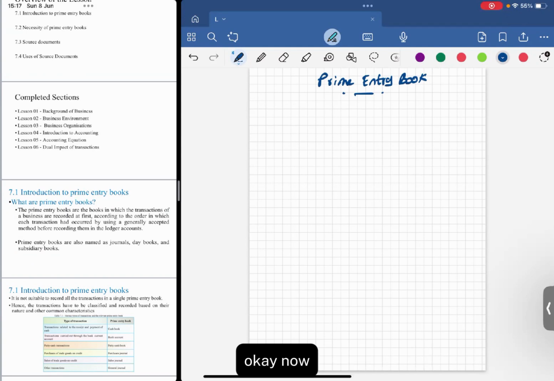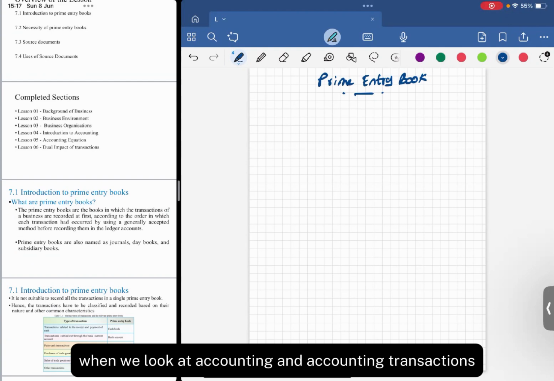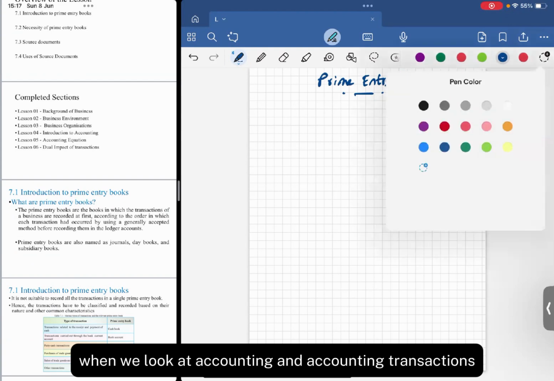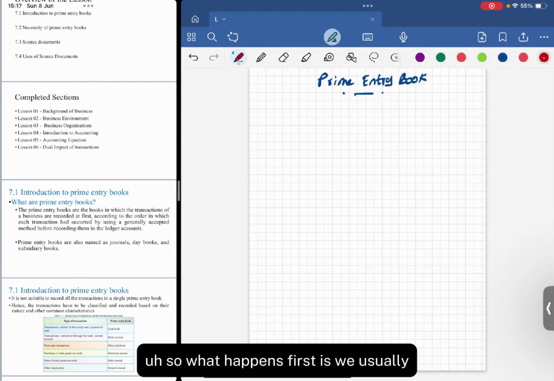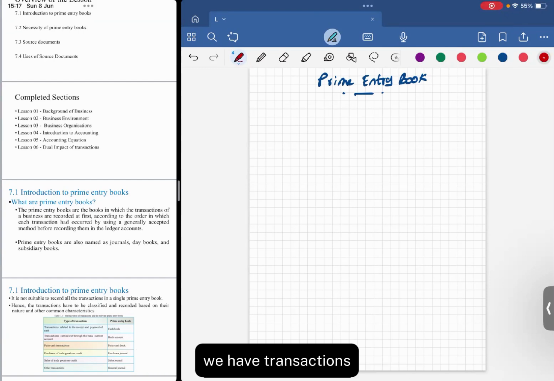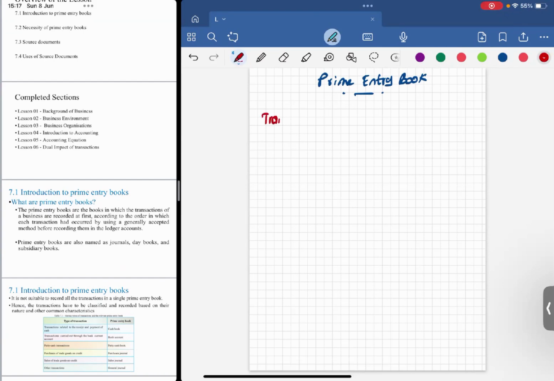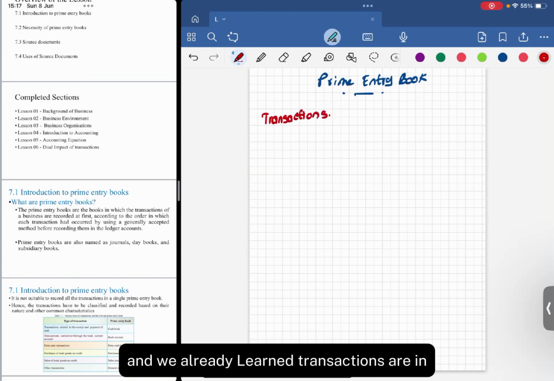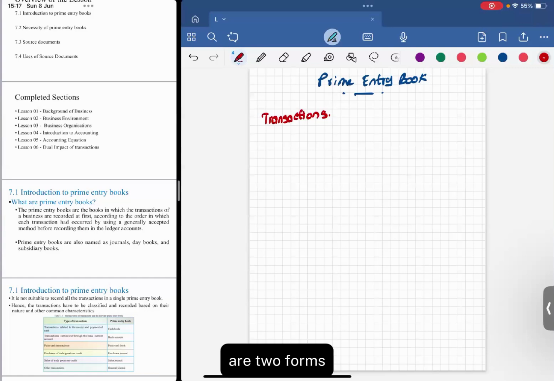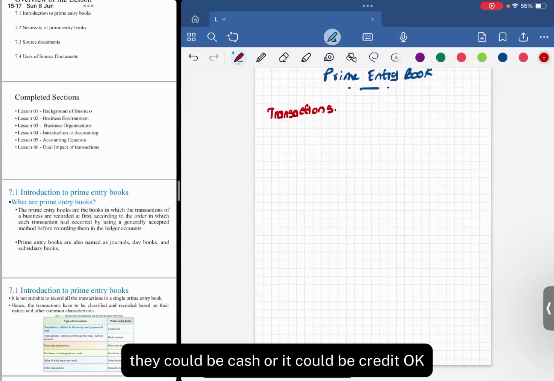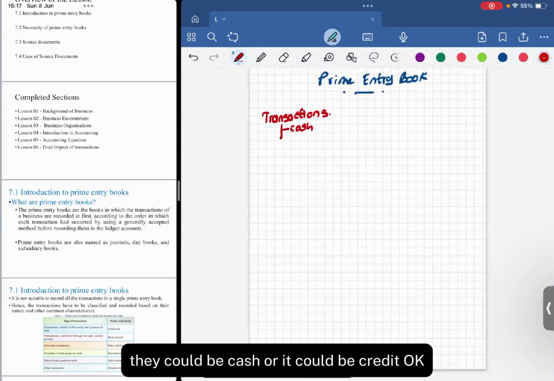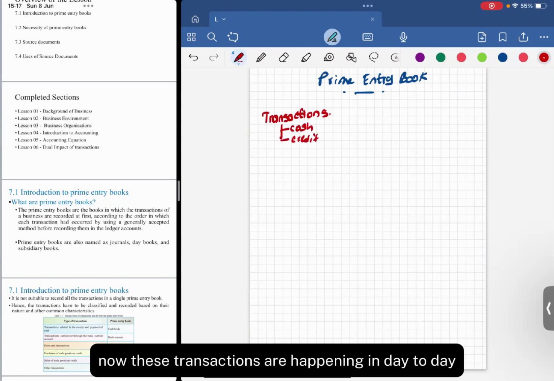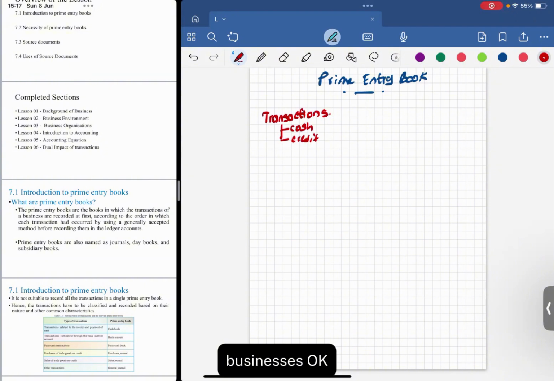Okay, now when we look at accounting and accounting transactions, what happens first is we have transactions. We already learned transactions are of 2 forms. They could be cash or they could be credit. Now these transactions are happening in day-to-day businesses.